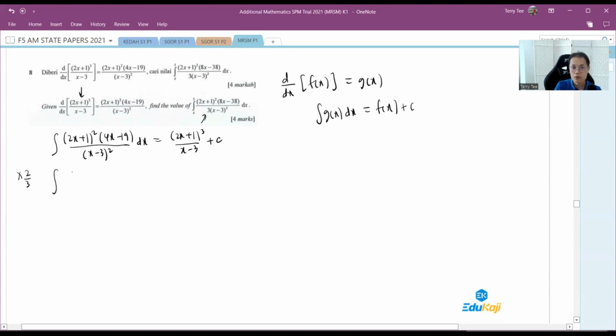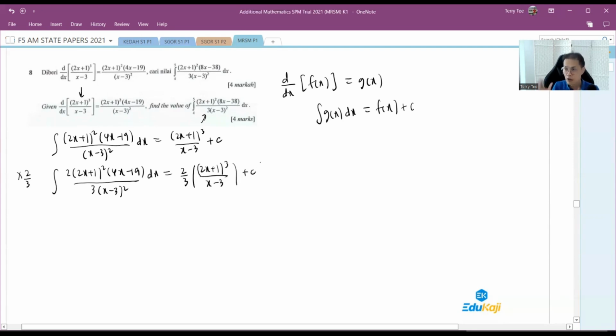So when I multiply 2 over 3 on the left, let me just write 2 over 3 first, one by one: (2x + 1) squared, (4x minus 19), I divide by (3x minus 3) squared dx. This will be 2 over 3 as well. I need to multiply both sides, right? So this will be my (2x + 1) to the power 3 over (x minus 3) plus c.